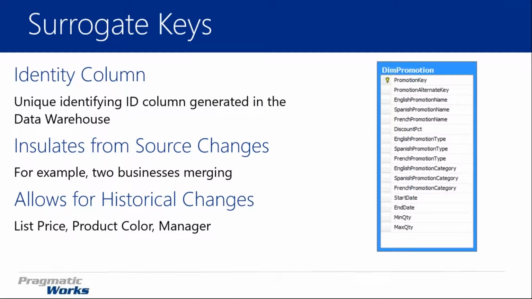We'll talk about that in a moment and how we model that. And then it also allows for historical changes. Not having that surrogate key there means that the natural key can't be duplicated in that table, because then it violates the primary key constraint. So the two things we're going to talk about here are that it insulates us from source changes and that it allows for historical changes.